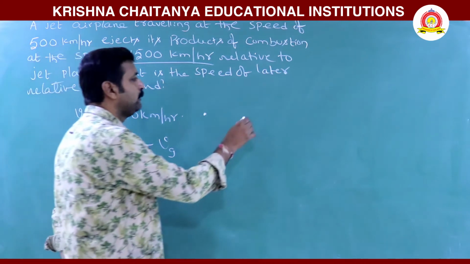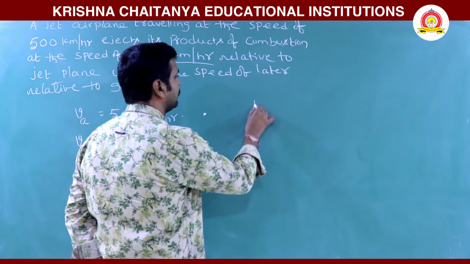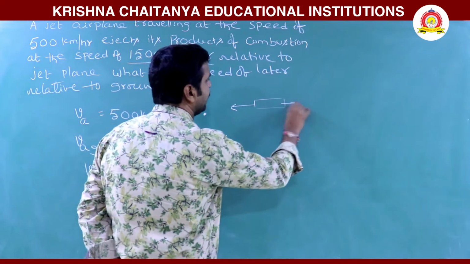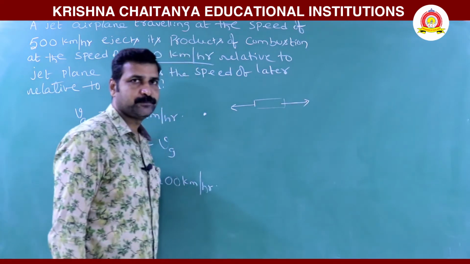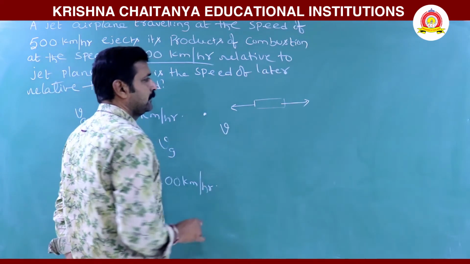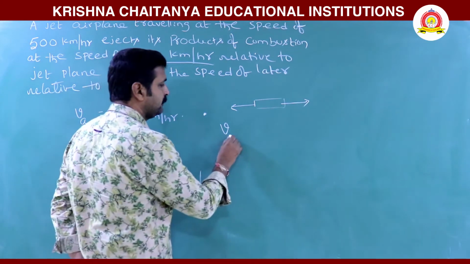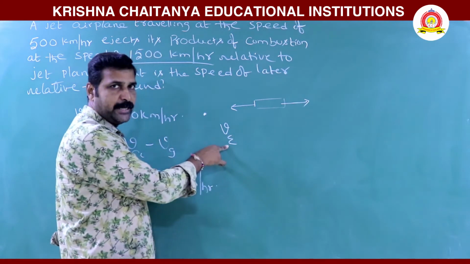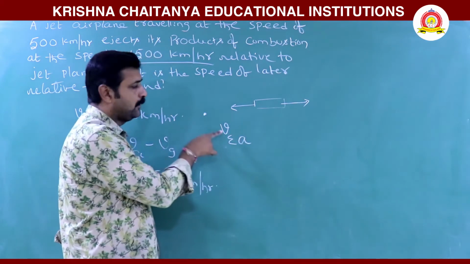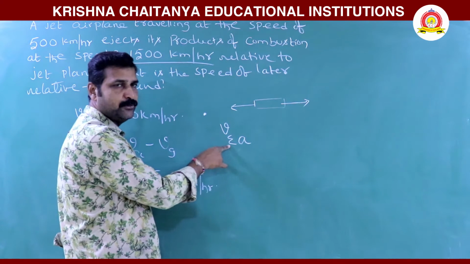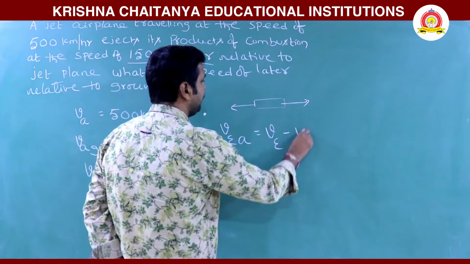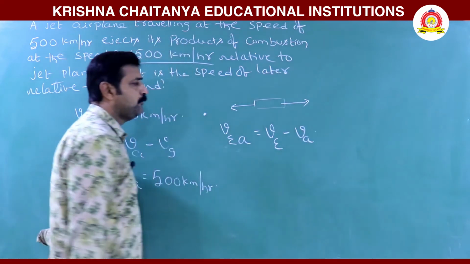Now when the jet aeroplane moves in this direction, gases eject in the opposite direction. So the velocity of exhaust gases with respect to aeroplane is velocity of exhaust minus velocity of aeroplane.